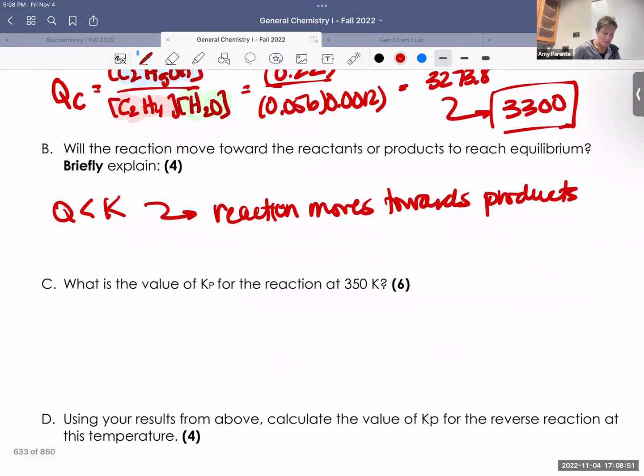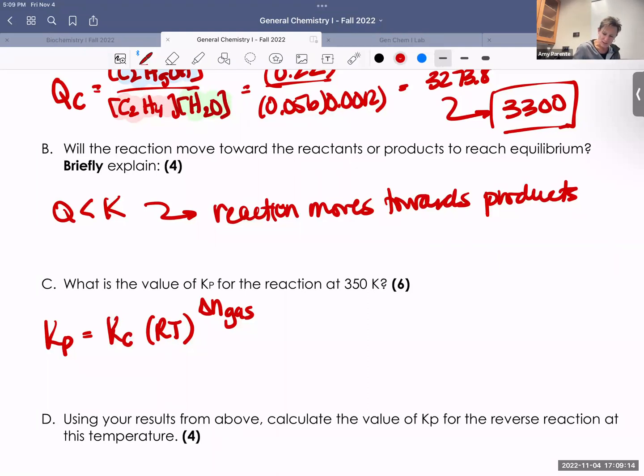Now the value for Kp. This is where we need to use the equation for interconverting Kp and Kc: Kp equals Kc times RT to the delta n gas. Okay, we need to figure out how many moles of product gas, subtract the number of moles of reactant gas.